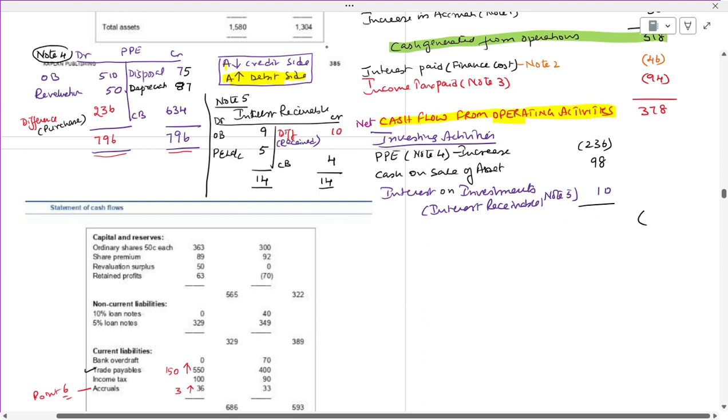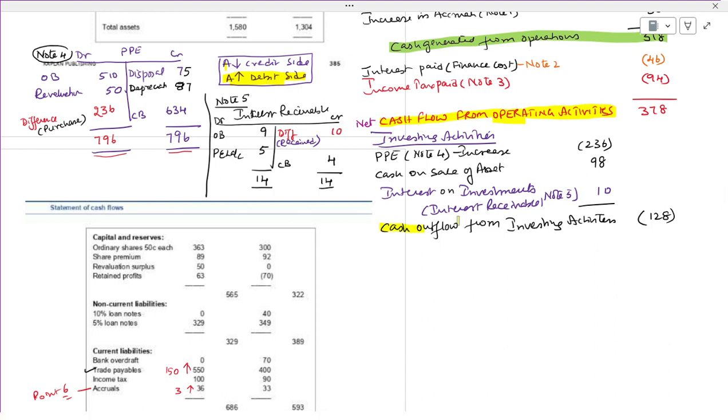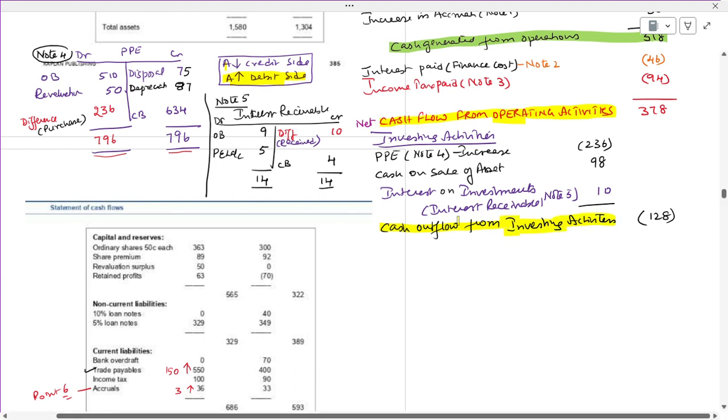Minus 236, 98, minus 128. Minus 128. Cash outflow from investing activities. Is it okay?